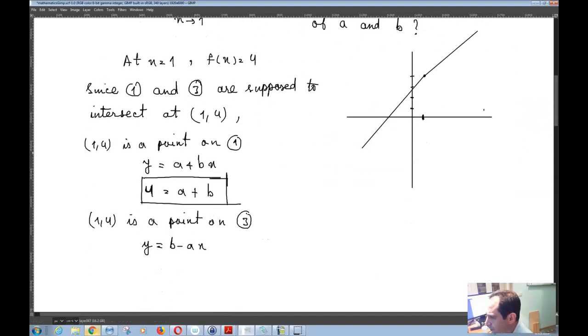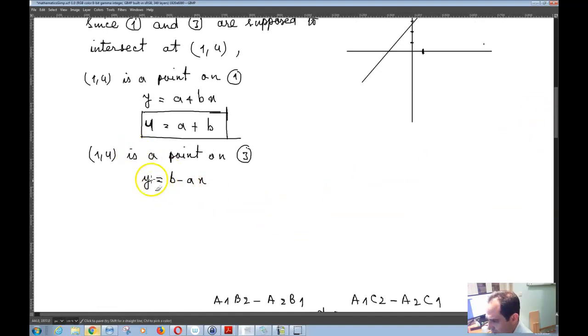So then 4 is equal to b minus a. That is another relationship between a and b.